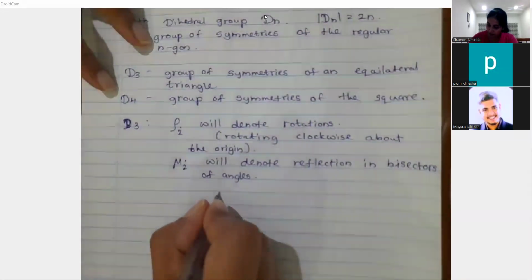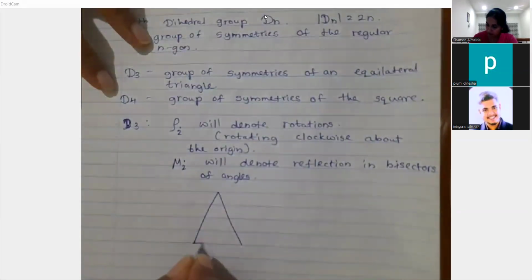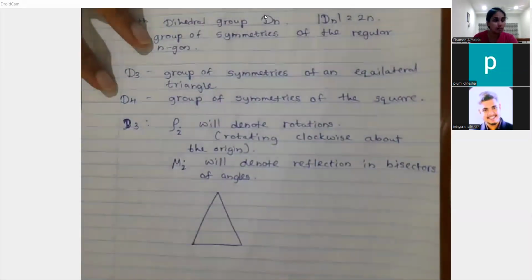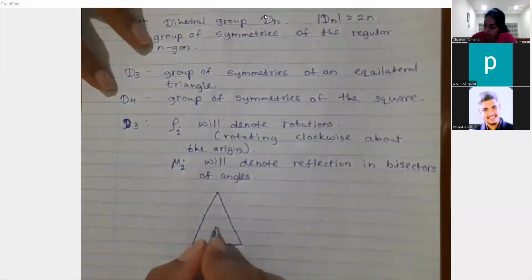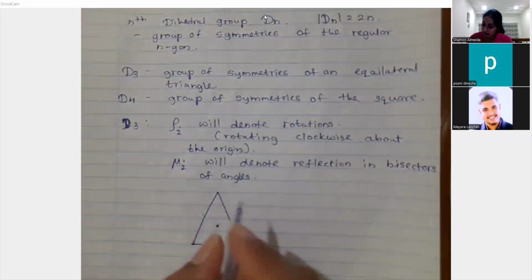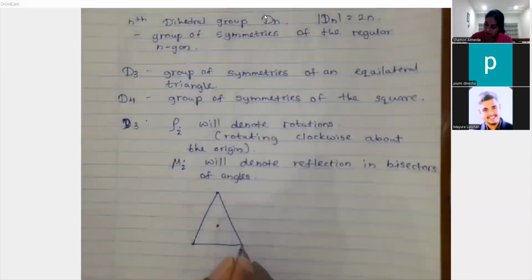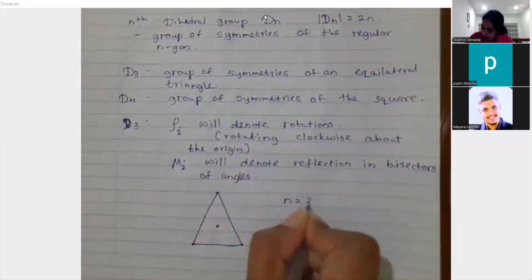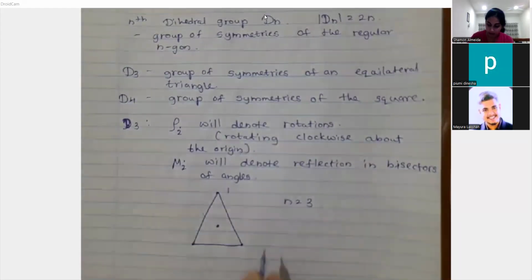Say we have the equilateral, suppose all these sides are the same size. Suppose this is the origin, right? And it's a triangle, right? So n is in this case 3. Let's give these vertices the labeling 1, 2, and 3.